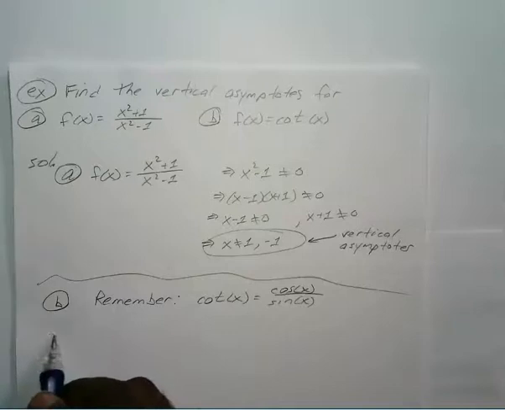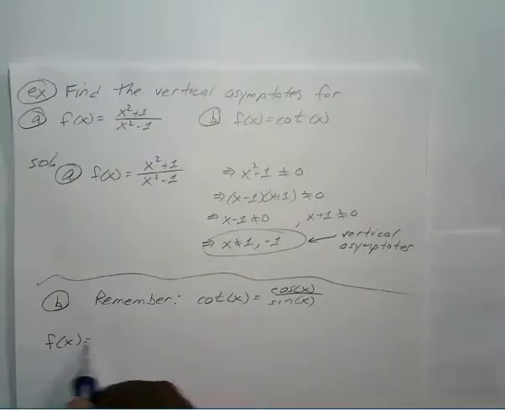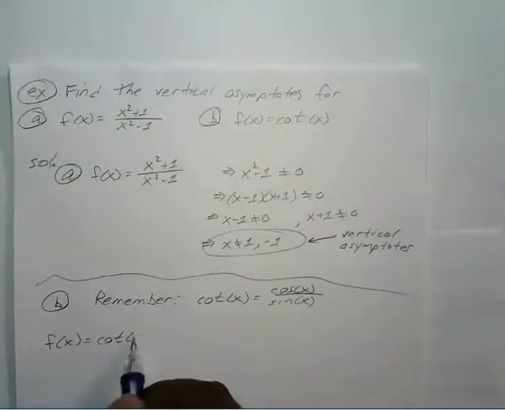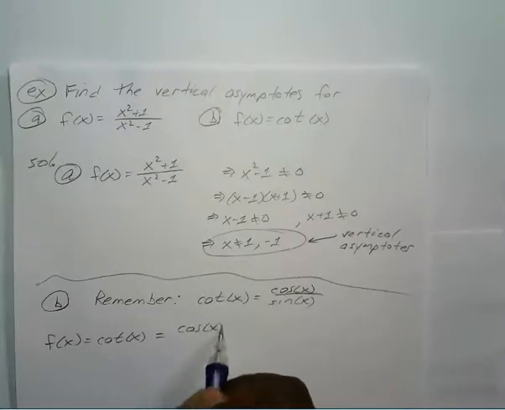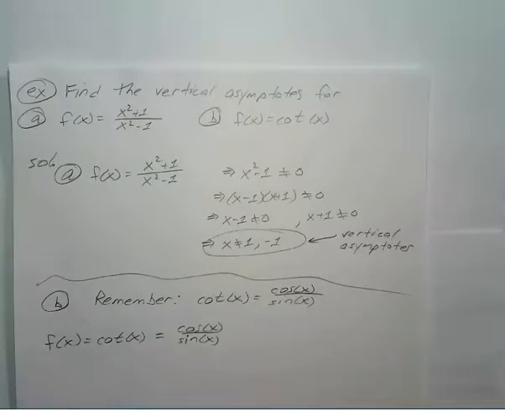So f of x equals cotangent of x, which is equal to cosine of x over sine of x. Again, you'll find the vertical asymptote by finding what values will make the denominator equal 0. So we know that sine of x cannot equal 0.